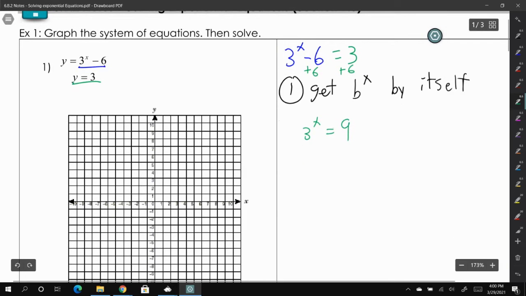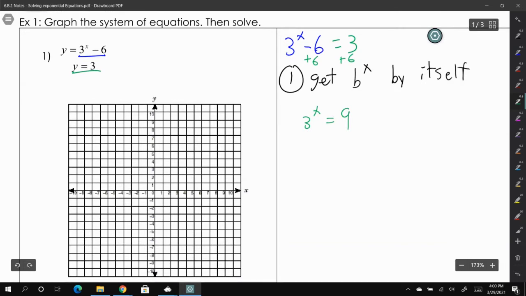Now, you're probably thinking, well, we know that 3 to the second power, or 3 squared, is 9, so can't we just do x equals 2 and be done with it? And I would say, yes, you could do that. In 99.9% of cases, you can just do that. But I want you to see the other way you could do it, because it's not always going to be that simple.